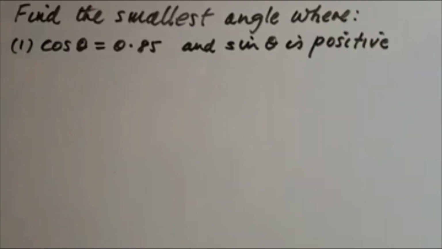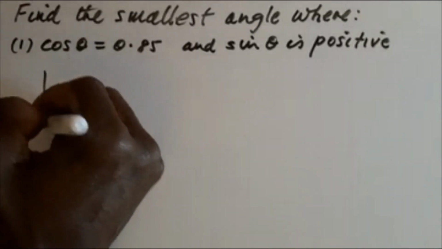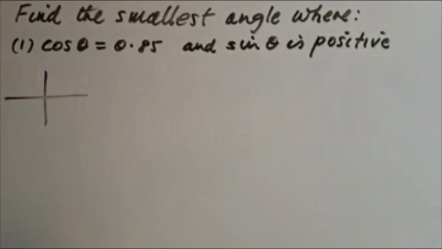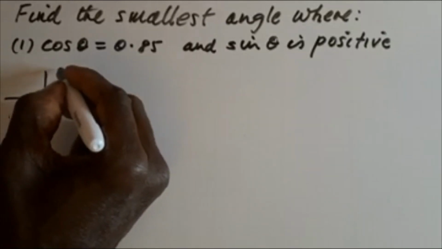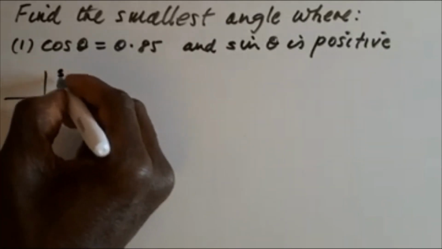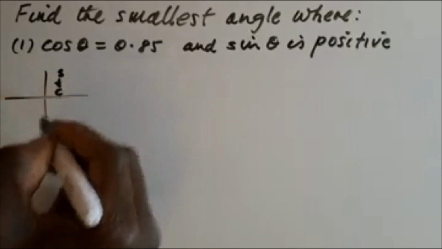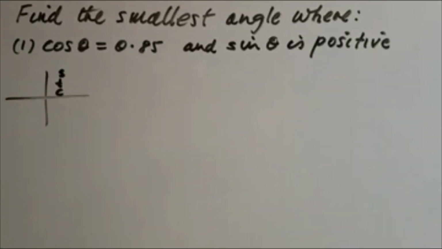Hi everyone, here's another problem for us to look at. Find the smallest angle where cosine theta is equal to 0.85 and sine theta is positive. Let's have a look at our quadrant diagram. We have all of them are positive in this quadrant. So we have S, T and C, sine, tan and cosine.